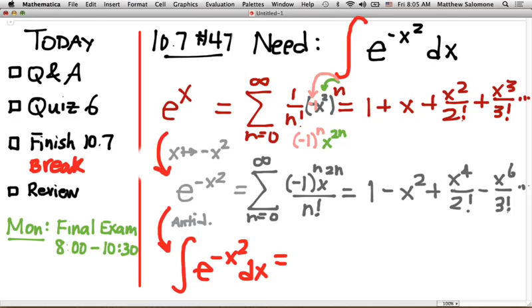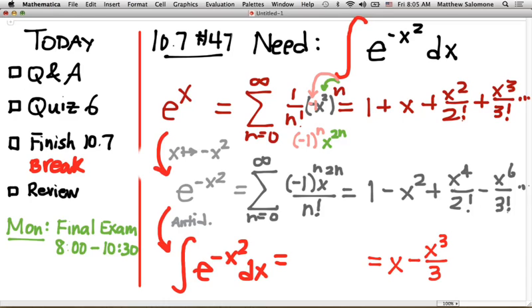So that was the algebra step of getting an algebraic formula for e to the minus x squared. Now here comes the calculus step. What we wanted to do now is take an antiderivative. Well, let's do it first with the specific terms. What's the antiderivative of 1? Oh, it's x. Antiderivative of x squared?